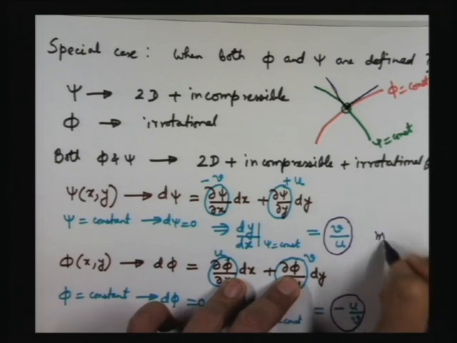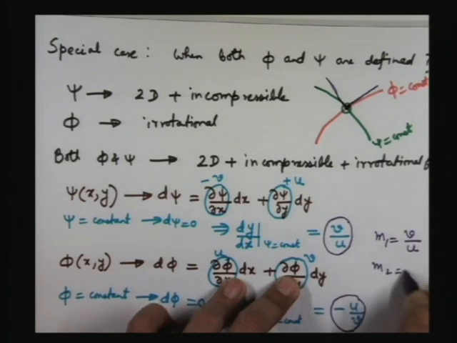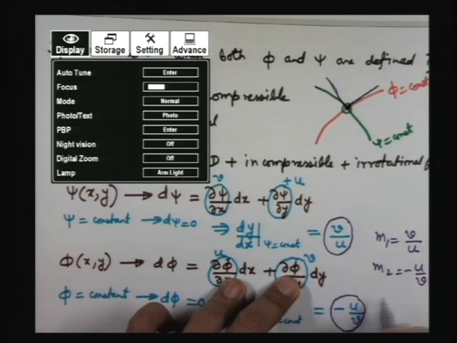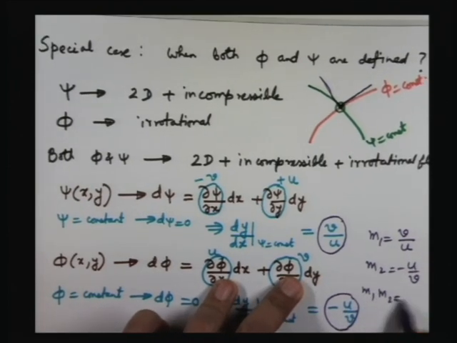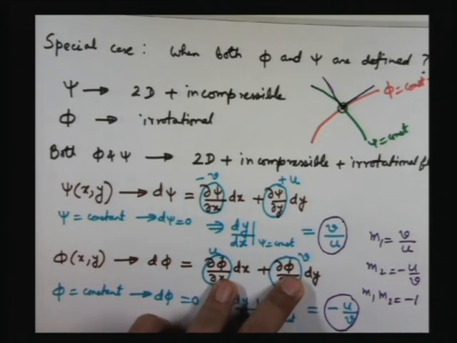So m1 is equal to v by u and m2 is equal to minus u by v. So what is m1 m2? m1 m2 is minus 1, right?